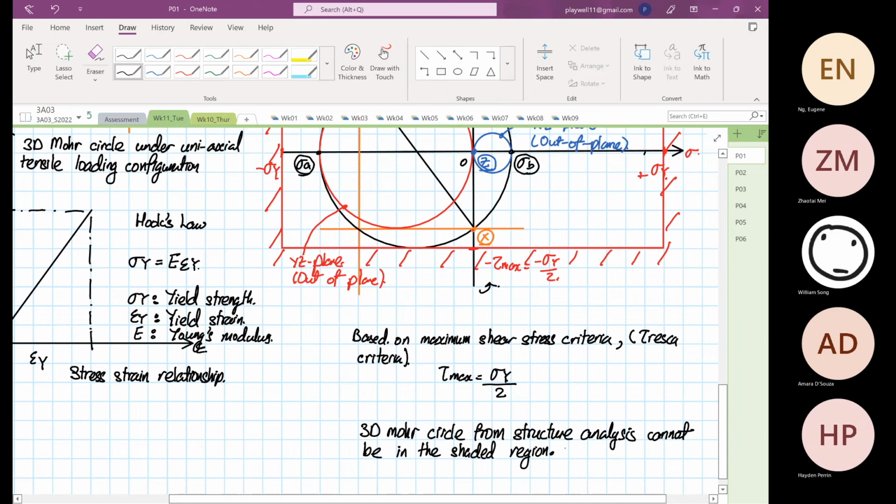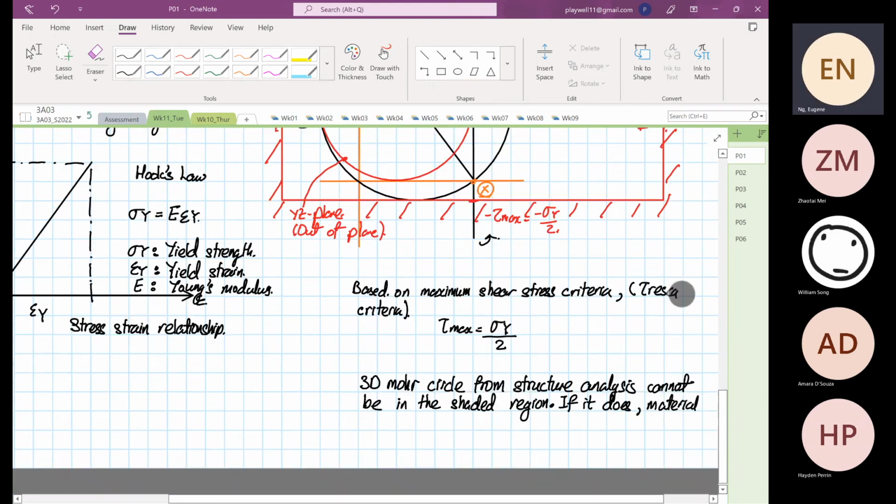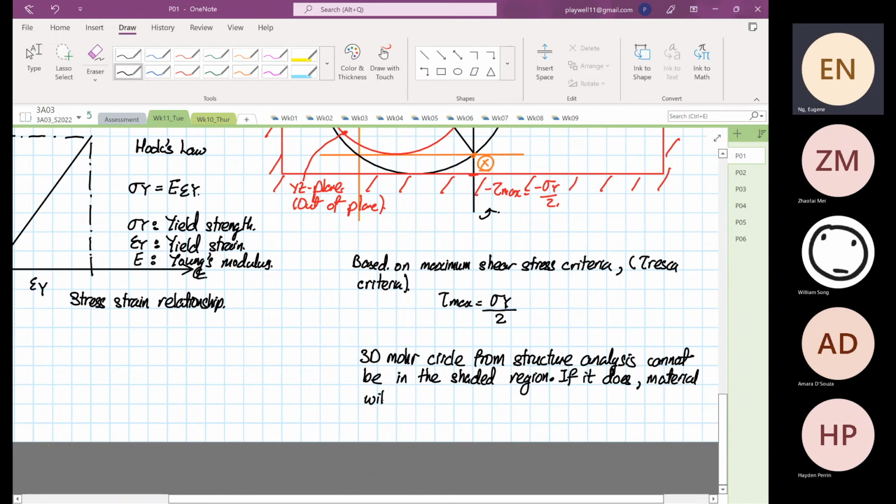Okay, if it does, the material will go into plastic deformation.